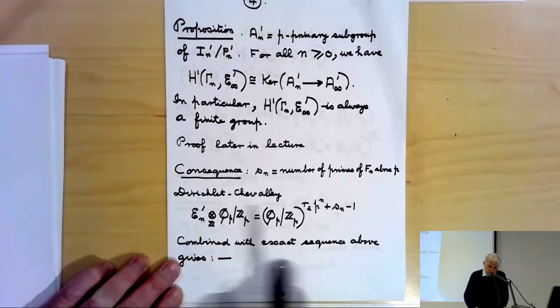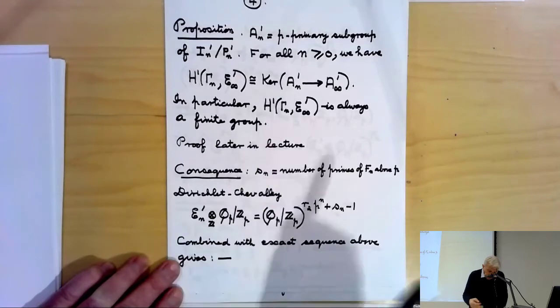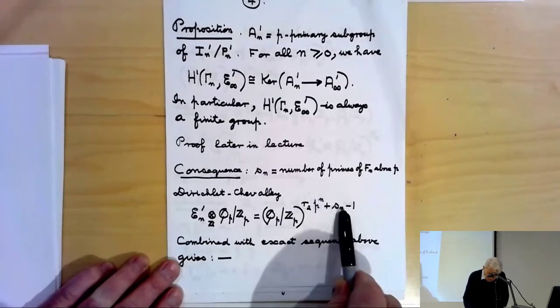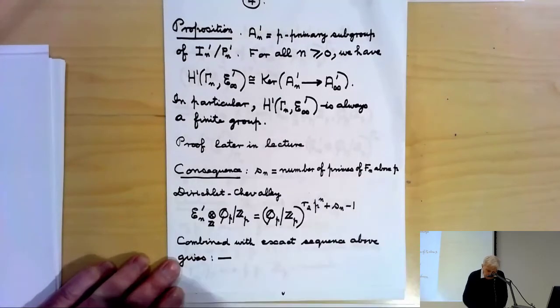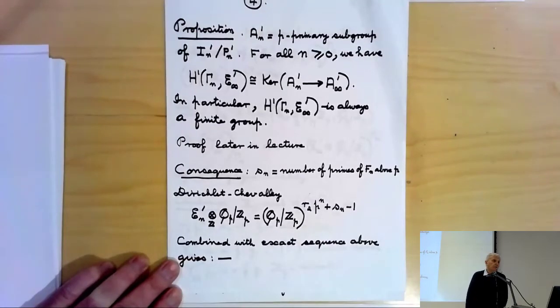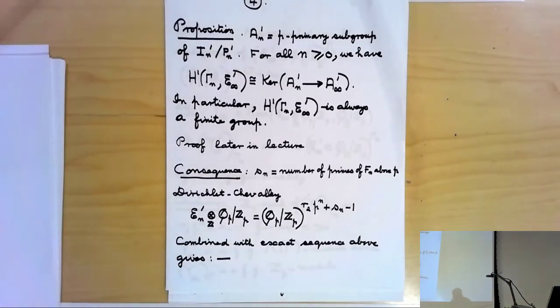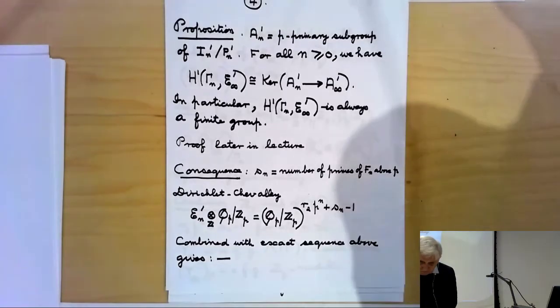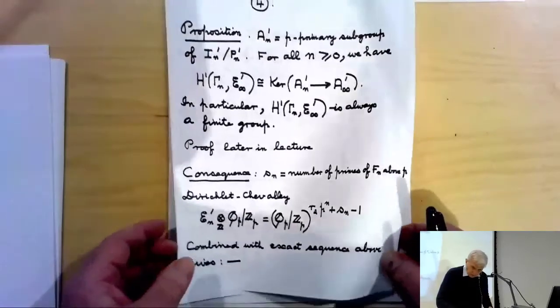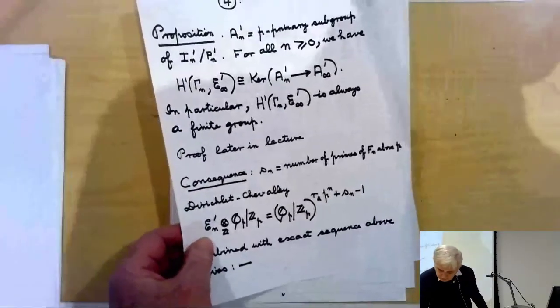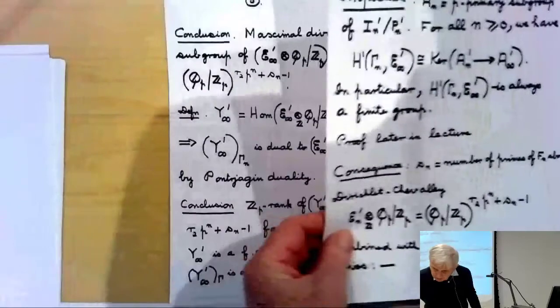That's the R2 of the field Fn, plus the number of primes of Fn above P minus 1. We're simply using the classical theorem about the size of unit groups. Now that, I guess, goes here.